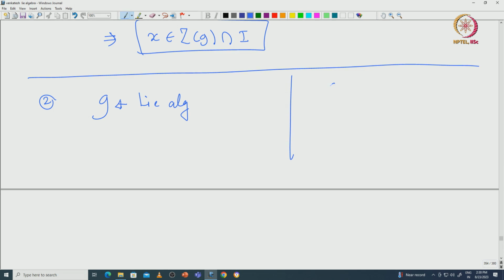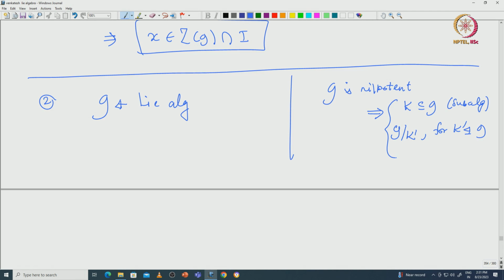Okay. So if G is nilpotent, then that implies any subalgebra and any quotient, for K being an ideal, both of them are nilpotent Lie algebras.